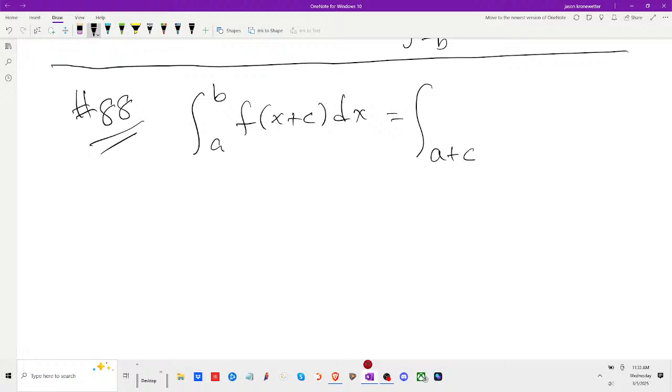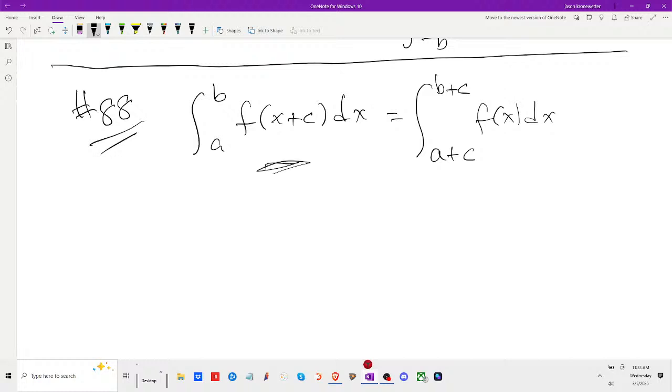All that symbolism is intimidating to look at, and really, it's just training for your brain to absorb this stuff and not get overwhelmed by it. When you first look at it, you should just be like a normal human being and say, hey, I have no idea what to do. But we're just going to follow our nose after we do a u substitution, and guess what? It's going to work out just fine. That's exactly what's going to get us the result we need.